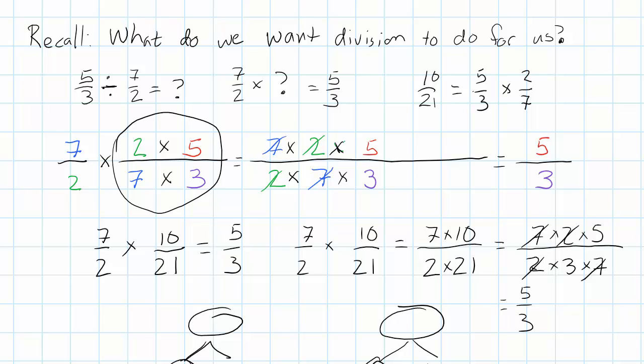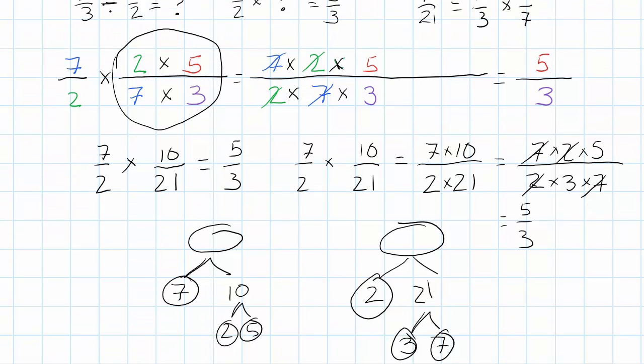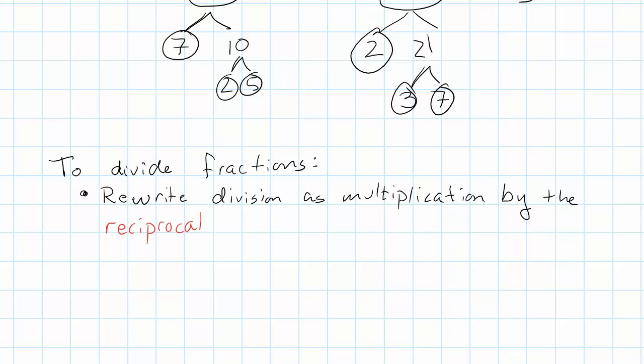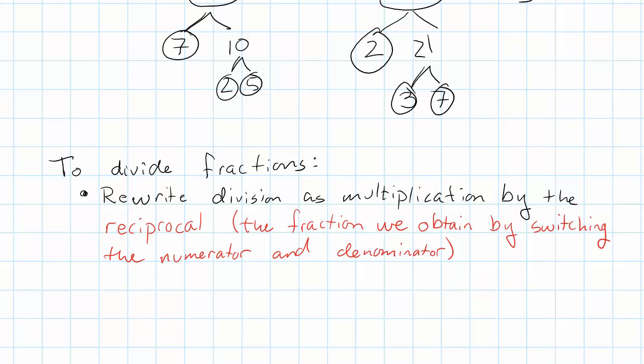We'll gain a little bit more insight into this in the next video, and a lot more insight into this in a future unit. What's going on here is we rewrite the division as multiplication by the reciprocal of our original divisor. Right, the reciprocal is the fraction that we obtain by switching the numerator and the denominator. And then once we've rewritten it as multiplication, we multiply normally.